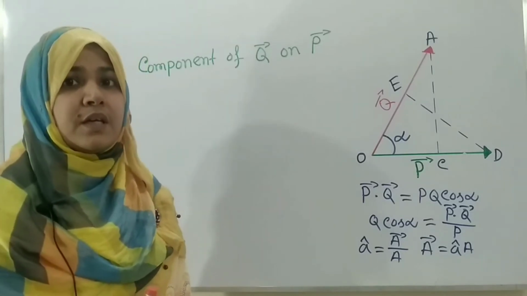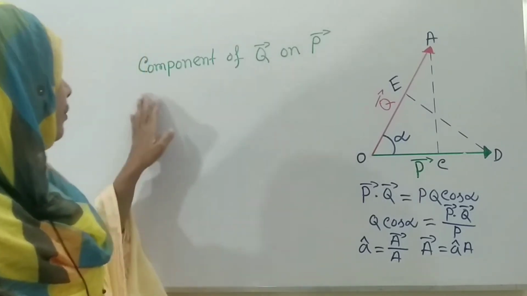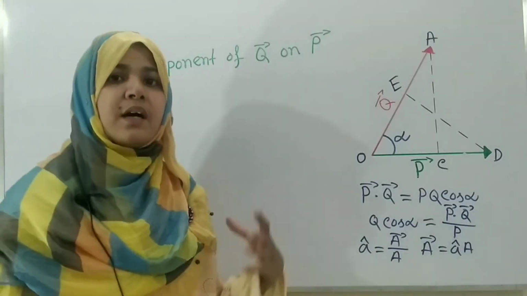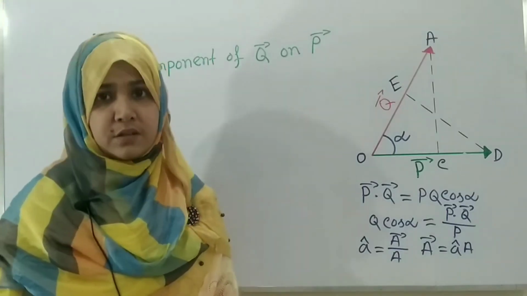The next topic of scalar product is the component of Q on P. You have already learned about components in vector resolution.